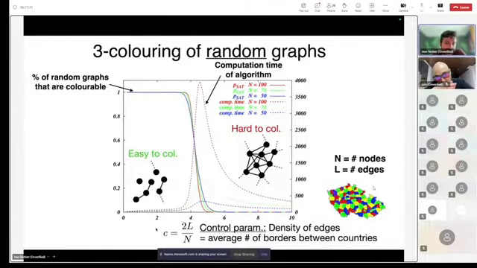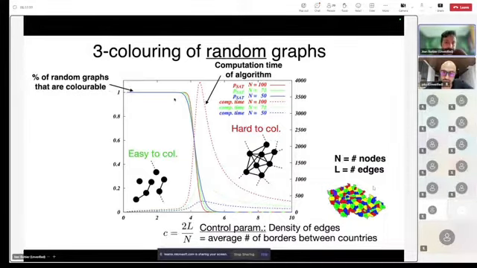The control parameter, which used to be the signal-to-noise ratio in our problem, is here played by the density of edges. The number of edges is L, the number of nodes is n, and c is L over n. So the more edges you have in the graph, the bigger is c, up to a factor 2.